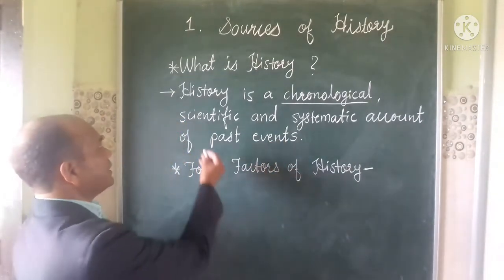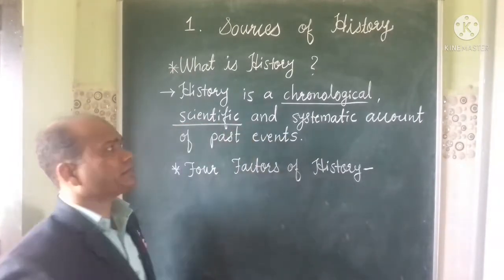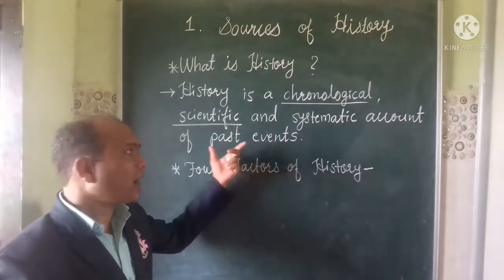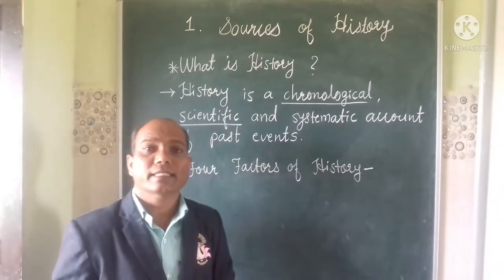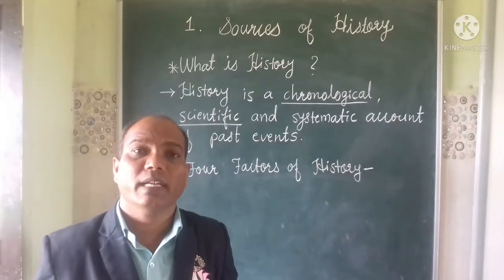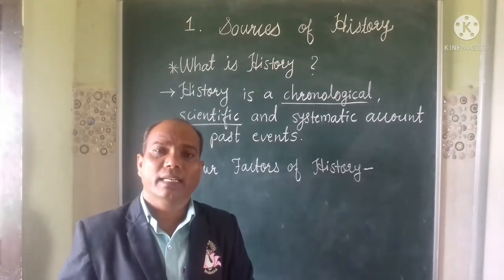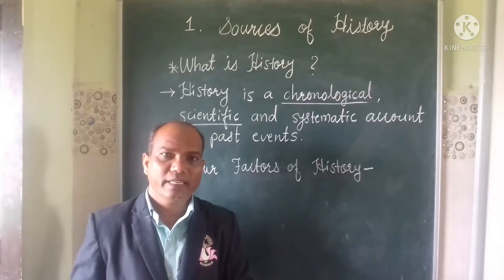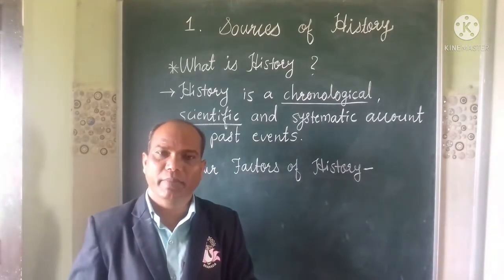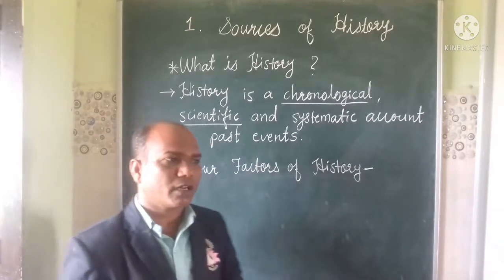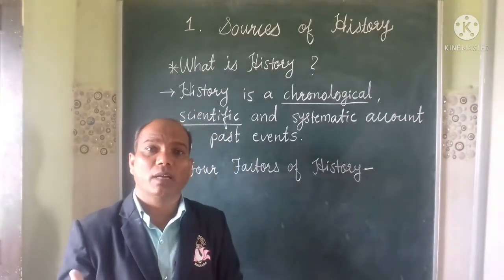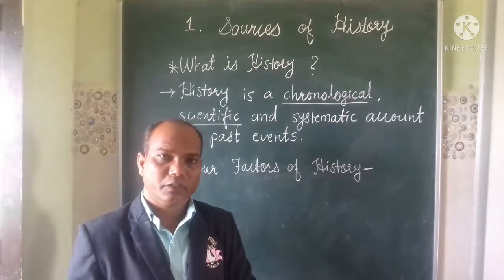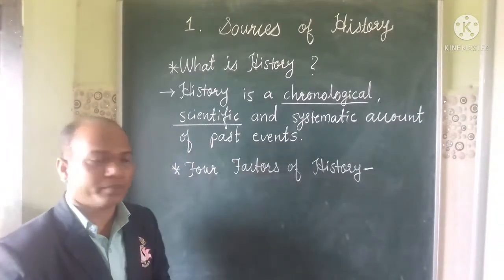Next, scientific. All the different events are recorded in a scientific way, in a scientific manner. We know that in science, we need the proofs. In the same way, in this history subject also, there are the proofs or the evidence. So, that is scientific.